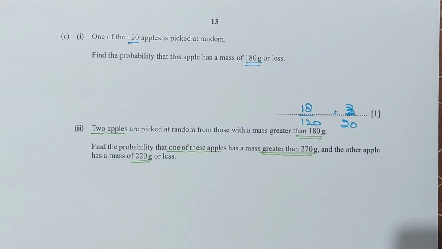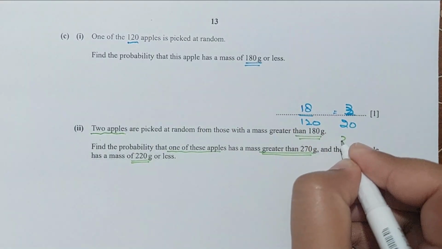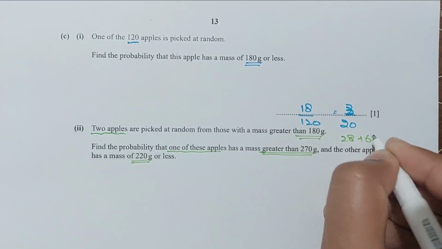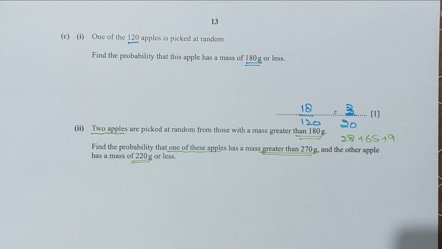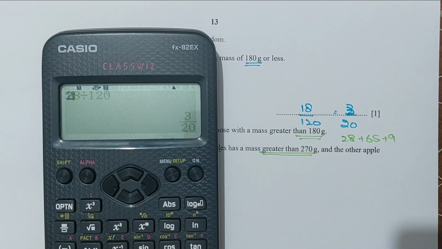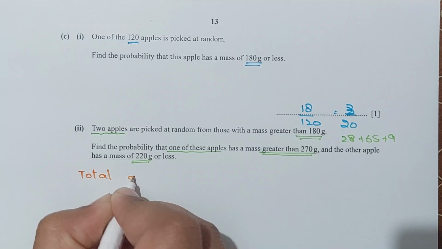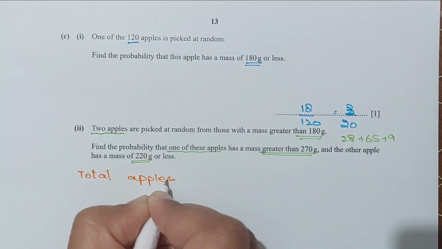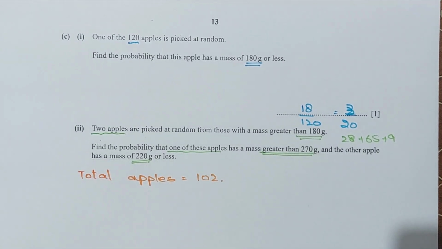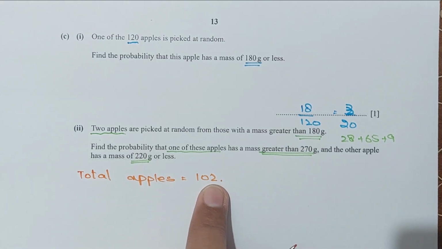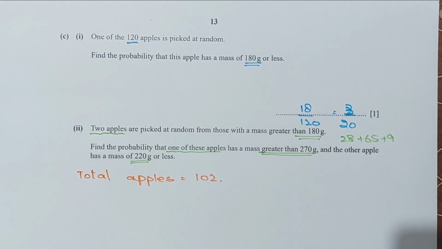So the total is the sum of 28, 65, and 9, which is 102.